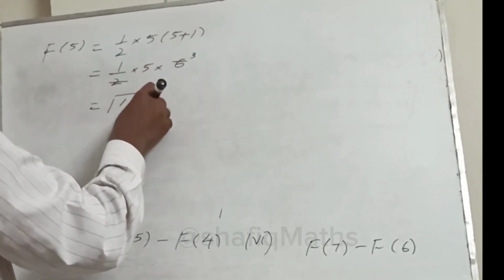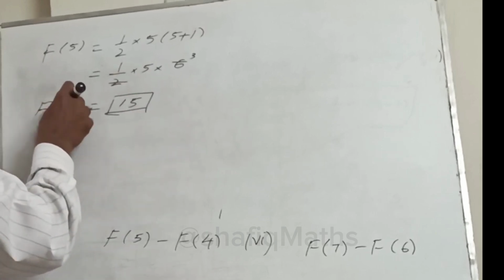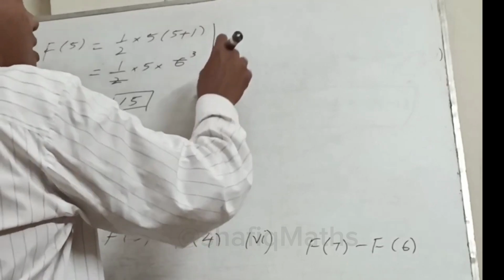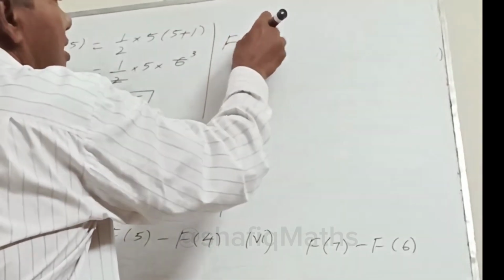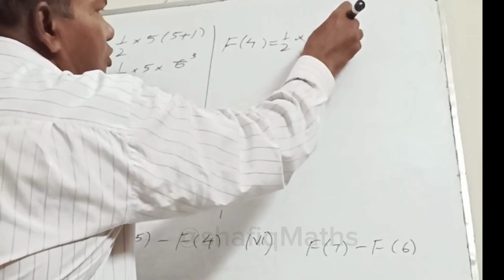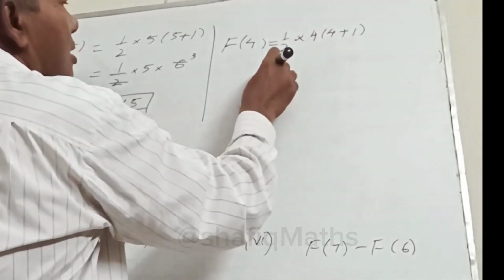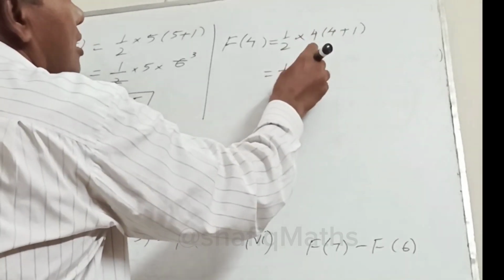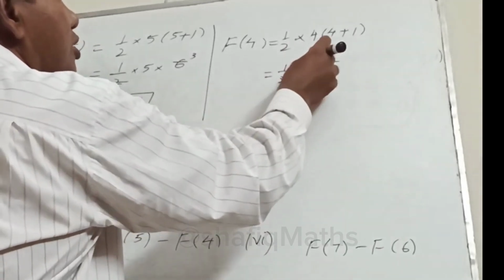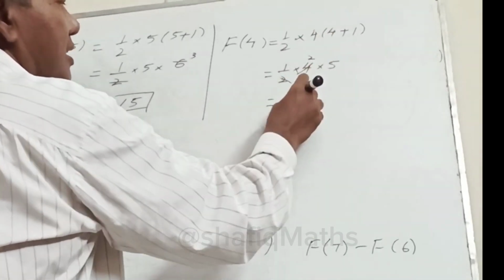So f(5) is 15. Now we are finding the value of f(4). So f(4) will be 1 upon 2 into 4 plus 1, 1 upon 2 into 4 into 5, so 2 fives are 10.